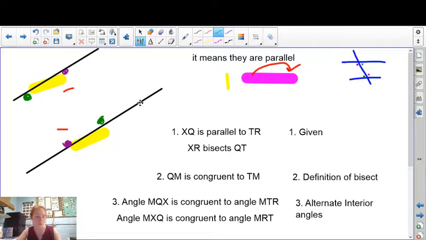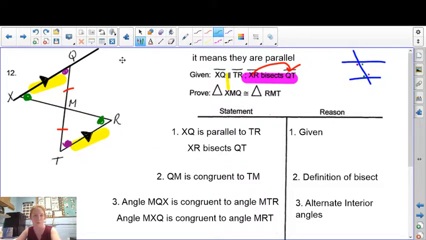So now I'm going to, ooh, I didn't want to do that. I wanted to do this. Get rid of my pretend lines. Now if I look back at my picture, I have angle, angle, side. Green, purple, red. Angle, angle, side. Green, purple, red.